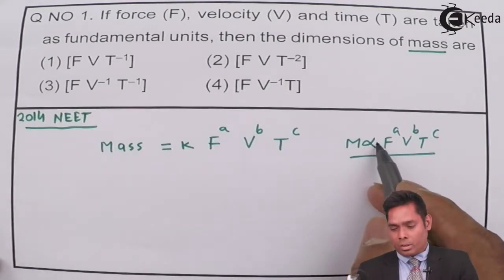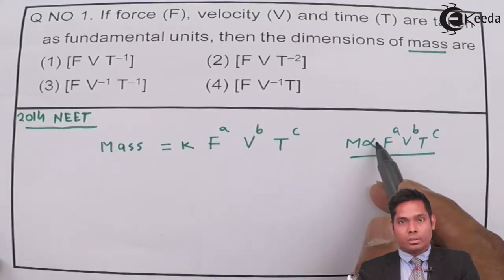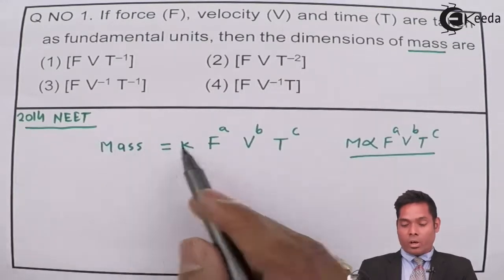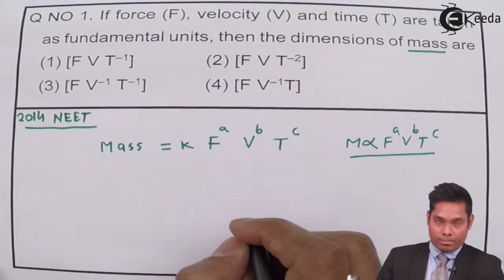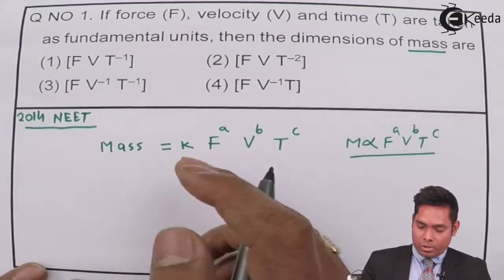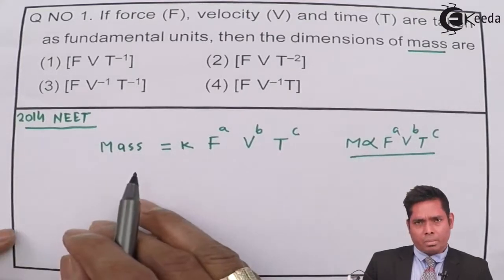Removing the proportionality, we have got a dimensionless constant. If it is not dimensionless, then we cannot solve the problem. So this has to be a dimensionless constant, because now the process is very simple.